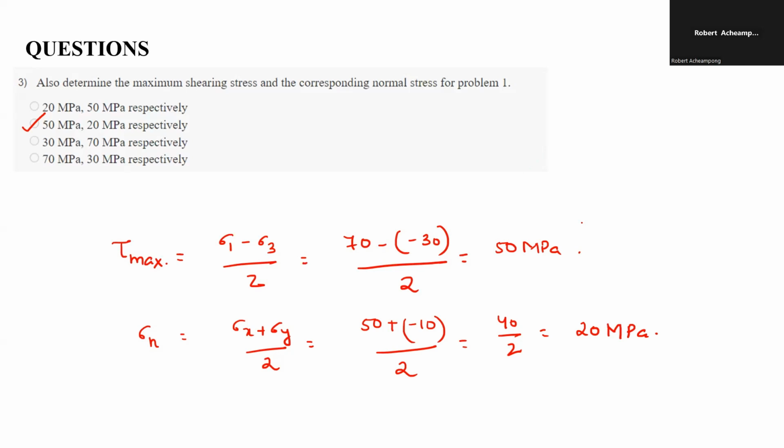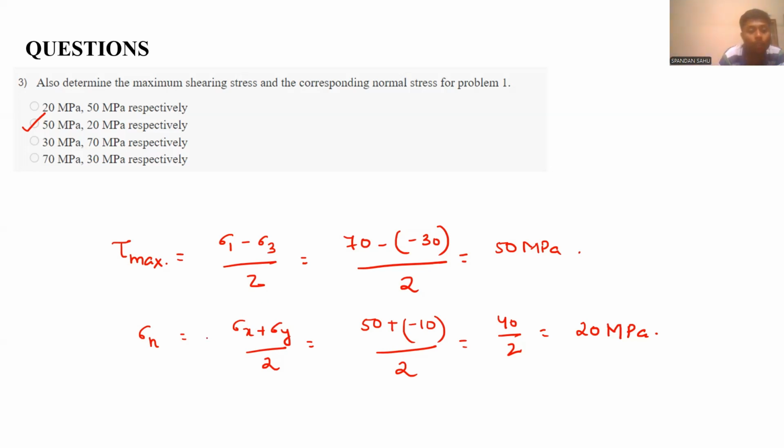And the corresponding sigma n is nothing but the center of the Mohr circle, given by the average of sigma x plus sigma y, that is 50 plus of minus 10 upon 2. So we are getting 40 by 2, 20 MPa. So tau max is 50 MPa and the corresponding normal stress is 20 MPa.